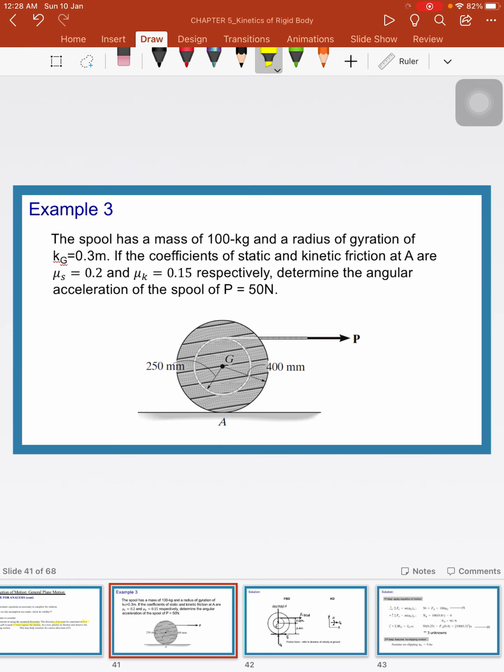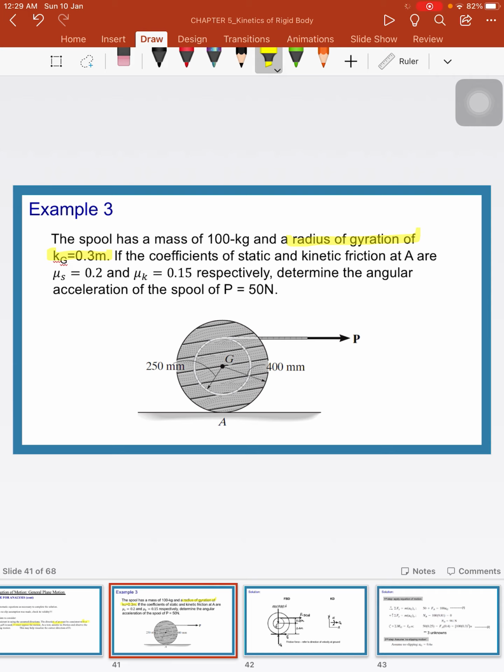Let's see an example. Example 3. The spool has a mass of 100 kg and a radius of gyration of kg equal to 0.3. So the radius of gyration is kg.